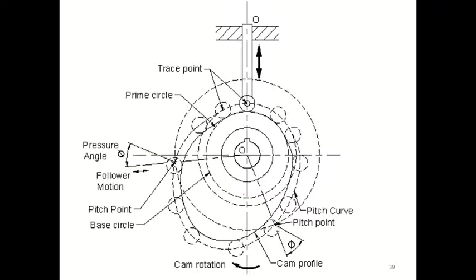Next one, pressure angle. Pressure angle means the angle between the tangent to the trace point and the normal to the base circle.